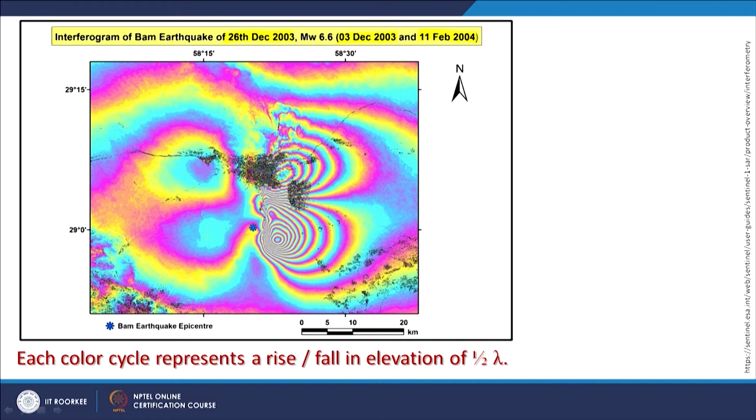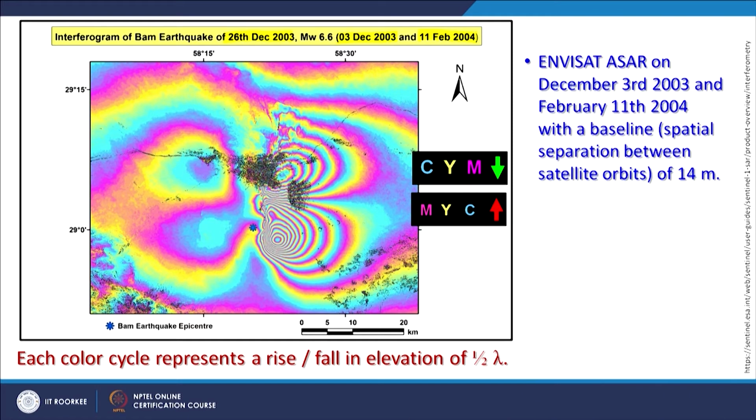This is of course Envisat ASAR data, and here the baseline difference was only 14 meters, which is very good for deriving such interferograms. This Envisat data was employed, and this D-INSAR interferogram was generated.